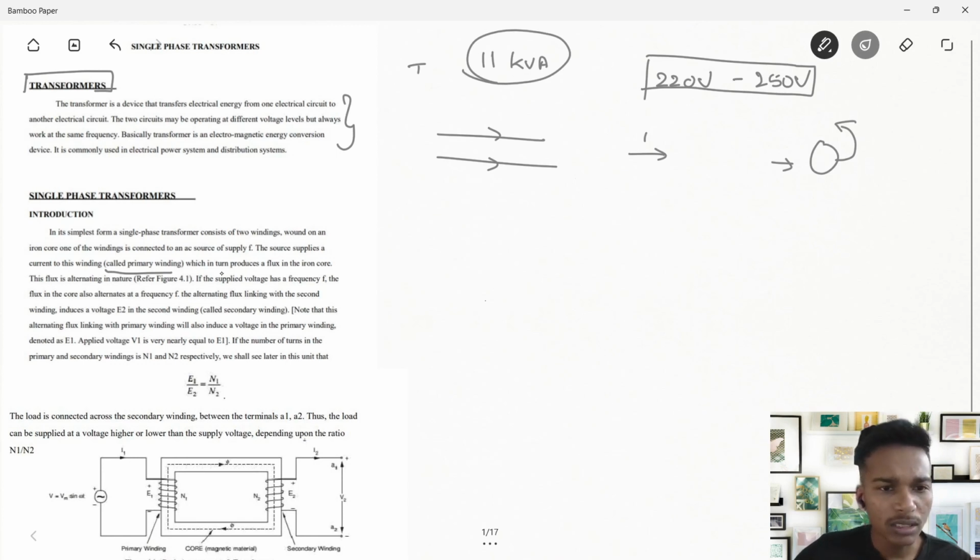The current in the primary produces a flux in the iron core. That is, we have some number of coils, we pass some current through them, and they produce some flux.